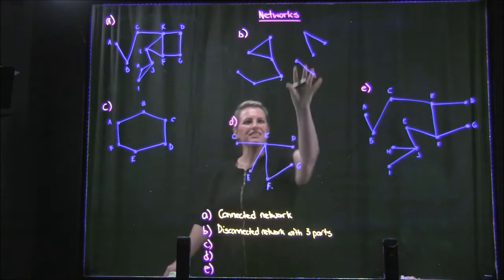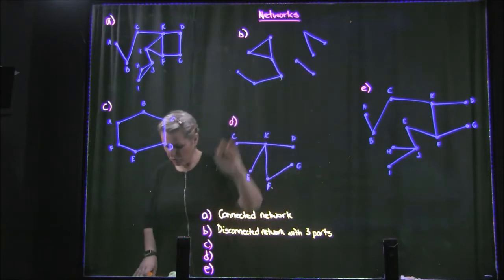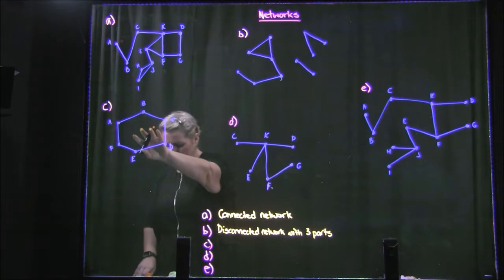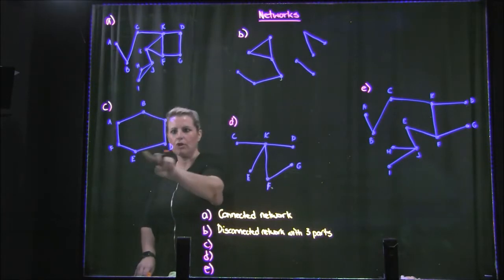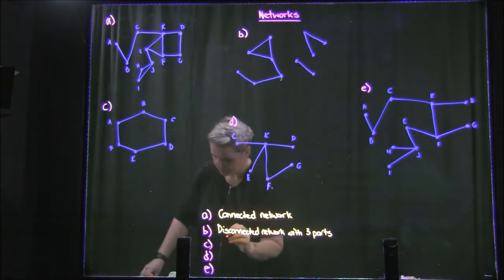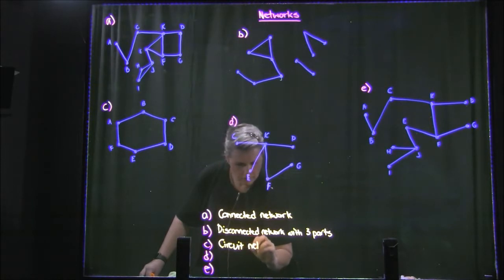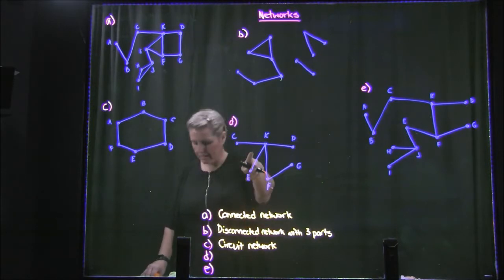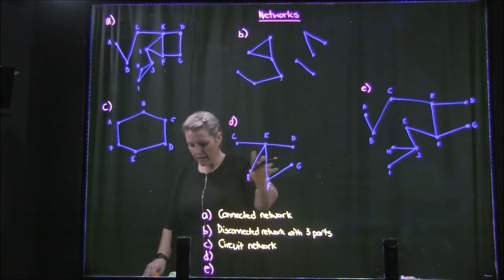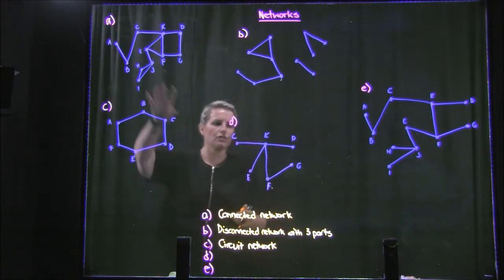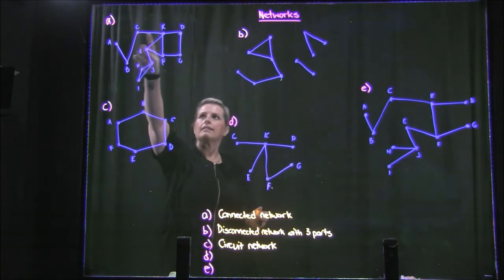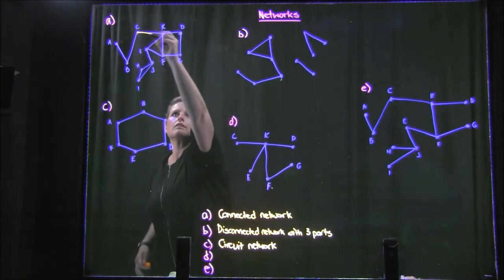That one kind of reminds me of a constellation, you know, if you sort of drew it in the sky. Okay, so C, we can see this is a simple circuit, starting and beginning at the same node. So it is a circuit network. Okay, and then we've got D, where the network has no circuits, okay? It's actually a part of A. So if you have a look here, let me just draw it in for you.